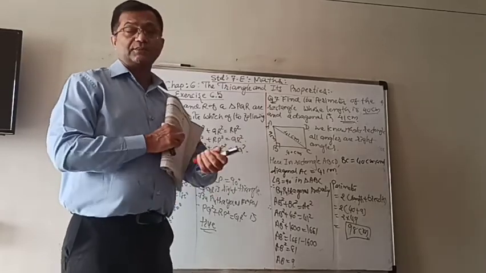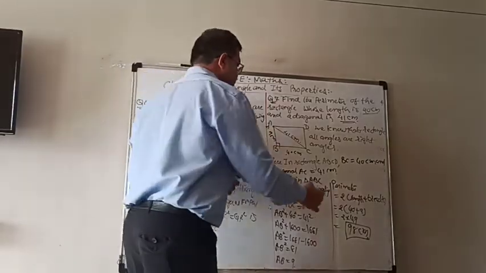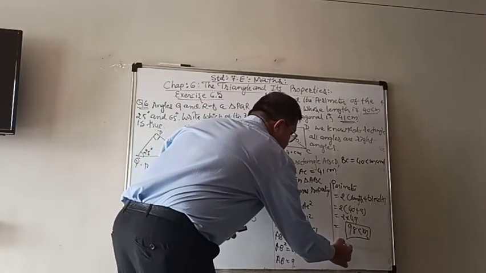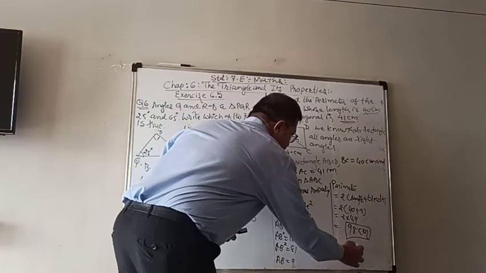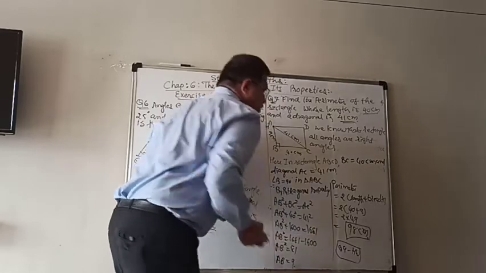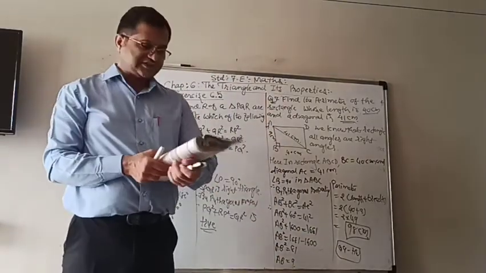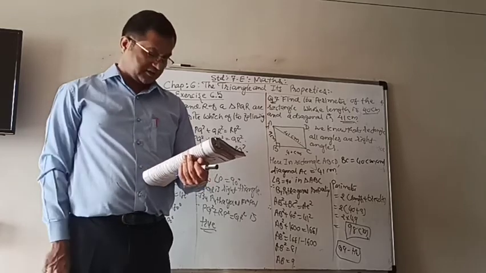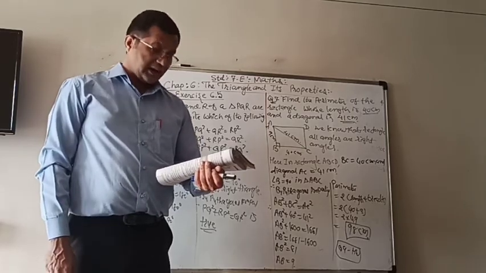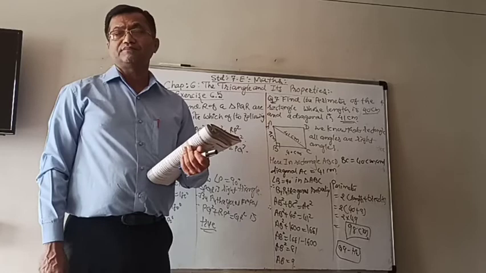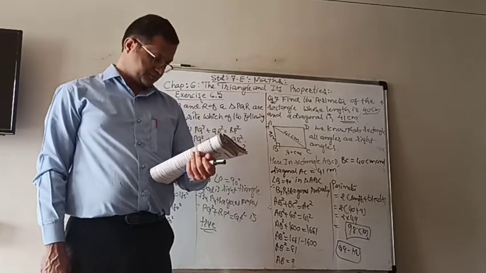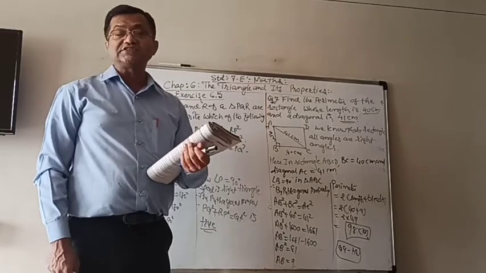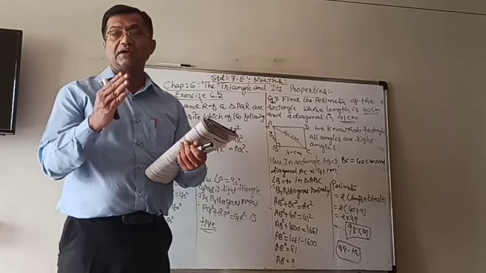Now the last sum you can do for the homework, in which you will see that the diagonals of the rhombus are given, and you must remember that diagonals of rhombus bisect each other at right angle.